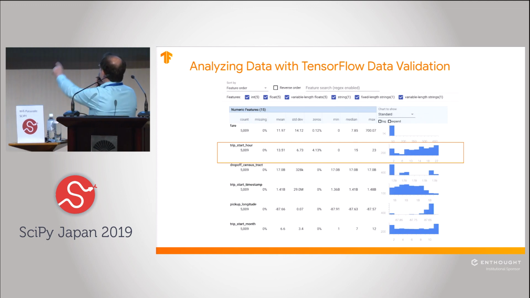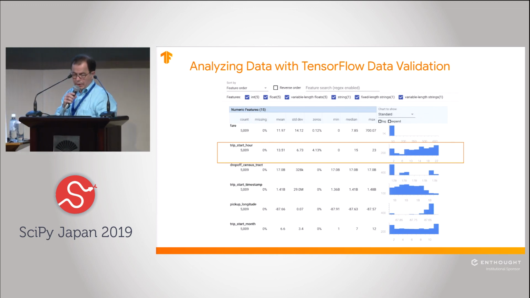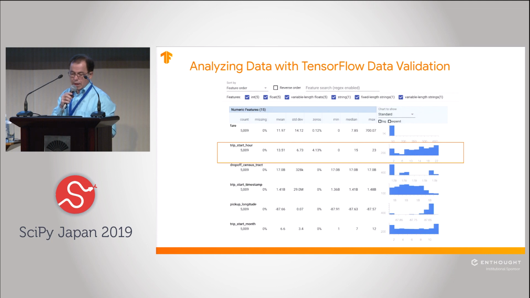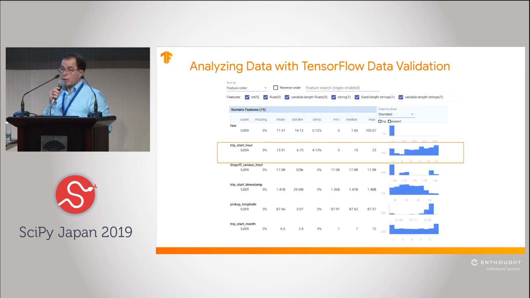So you want to look for things like that 6 o'clock hour there for the trip start hour where we don't have a lot of data. If I'm trying to do inference at 6 in the morning, I might not have the best results. So that's telling me, go get some more data for 6 a.m.